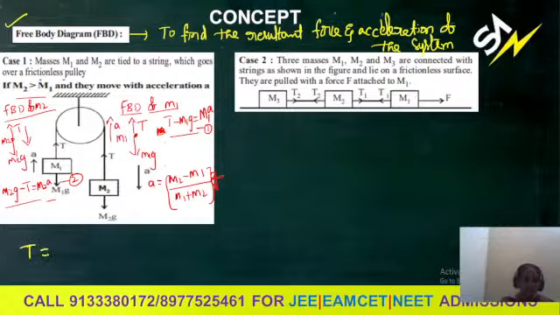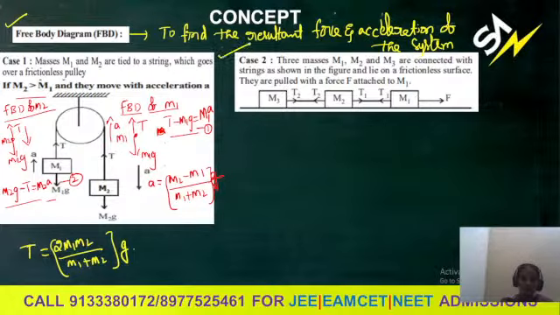So the tension will be, after finding A, substitute in either equation 1 or 2, T will be equal to 2M1M2 by M1 plus M2 into G. You can remember these derived results, or if you're not familiar with these derived results, then the free body diagram helps to solve the situation. You just treat each mass, draw the free body diagram, and simplify the equations.